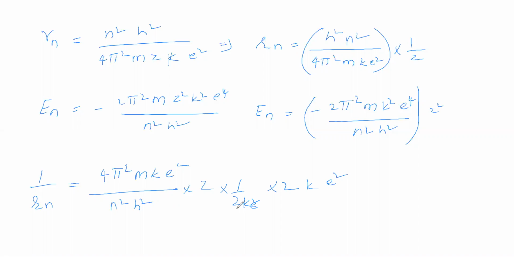Now we substitute this, so 1 by radius of nth orbit is equal to this, with the minus sign.